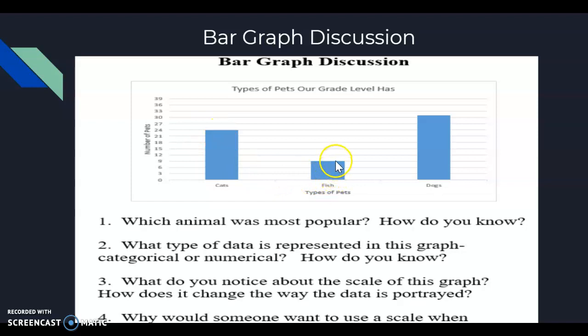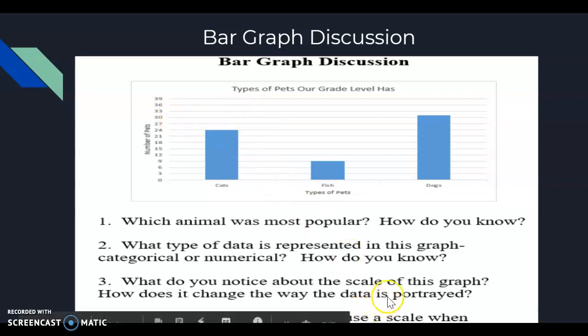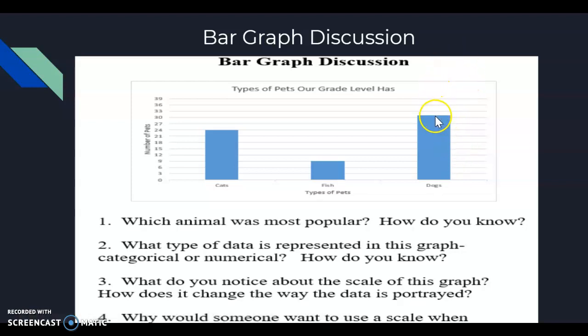Fish, it looks like it stops all the way at 9. Dogs, a total of 30. So the most popular animal is going to be dogs, because their bar has the highest value right here.